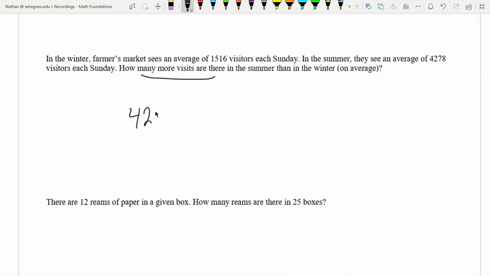So 4,278 minus 1,516. Use a calculator for that. I'm getting 2,762 visitors more for the summer versus the winter.